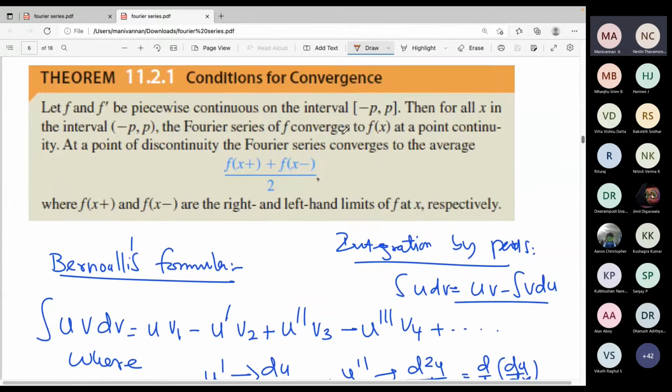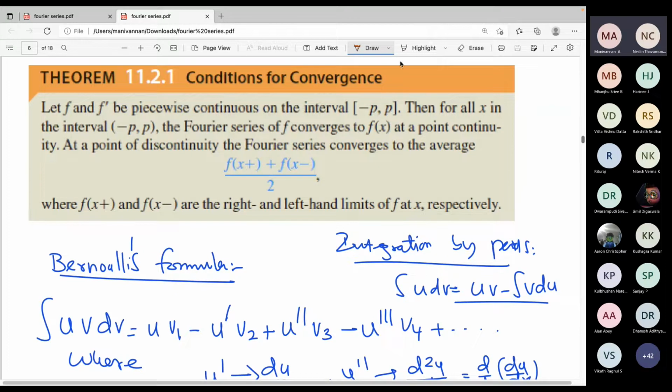See here, conditions of convergence in some interval, minus a to a or 0 to l. For your Fourier series to converge, we should have some finite value for the function, and the function and its first derivative should be continuous, or at least piecewise continuous, in this interval minus p to p. If any discontinuity arises at some point x, we have to take the left hand limit and right hand limit of that function.